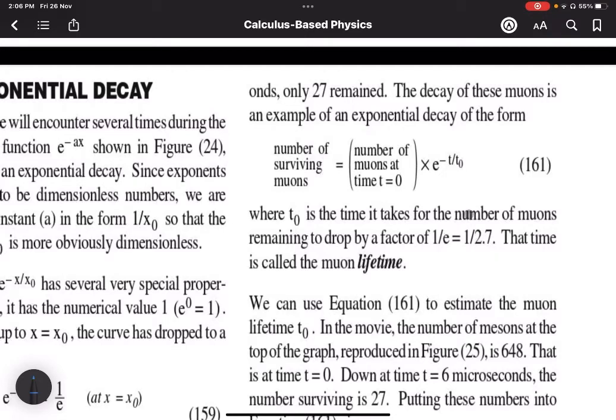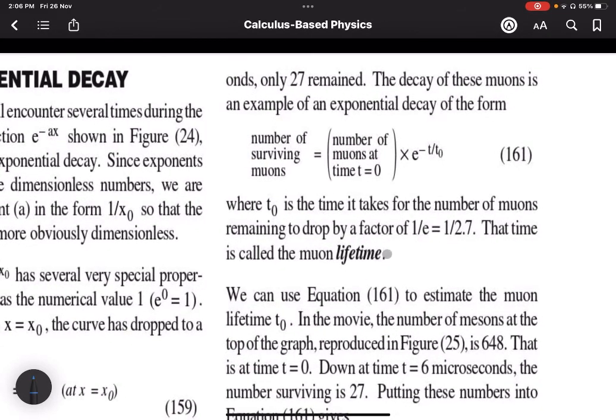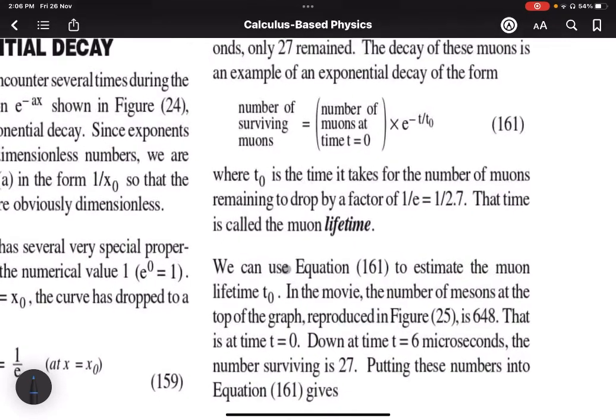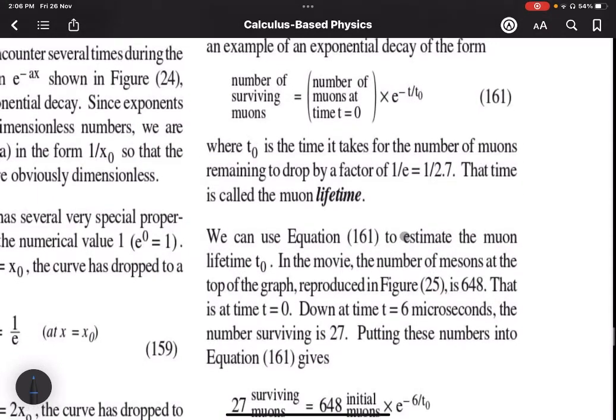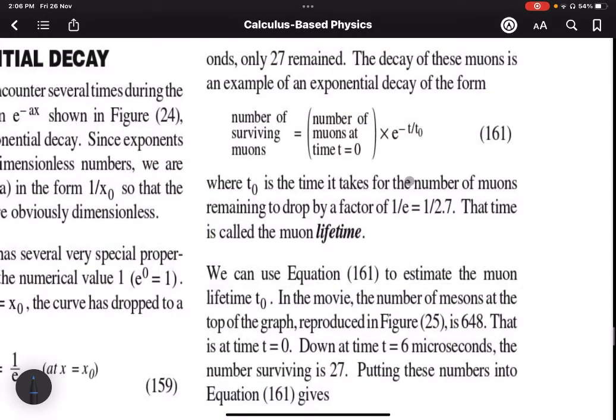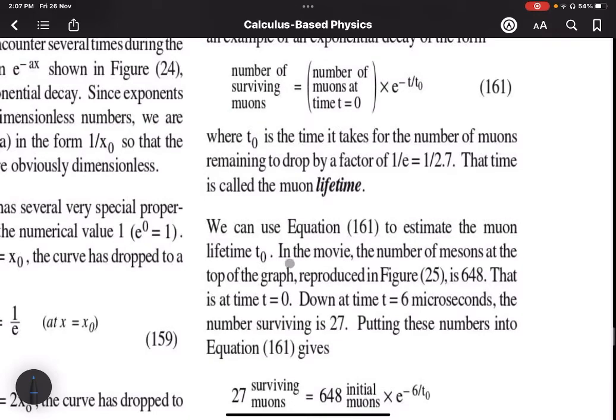Well, remember, ito yung factor na to, no? That time is called the muon lifetime. So, kung gaano daw siya katagal bago maubos or makarating sa 1 over 2.7 factor, yun yung tinatawag na lifetime, no? We can use equation 161, ito yon, to estimate the muon lifetime.